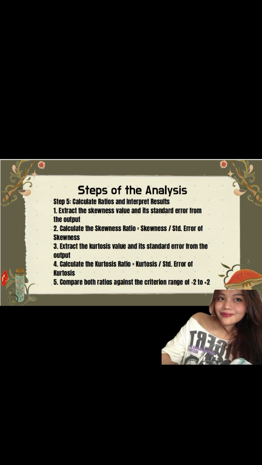Third, extract the kurtosis value and its standard error from the output. Fourth, calculate the kurtosis ratio, equal to kurtosis divided by the standard error of kurtosis. And lastly, fifth, compare both ratios against the criterion range of minus 2 to plus 2.